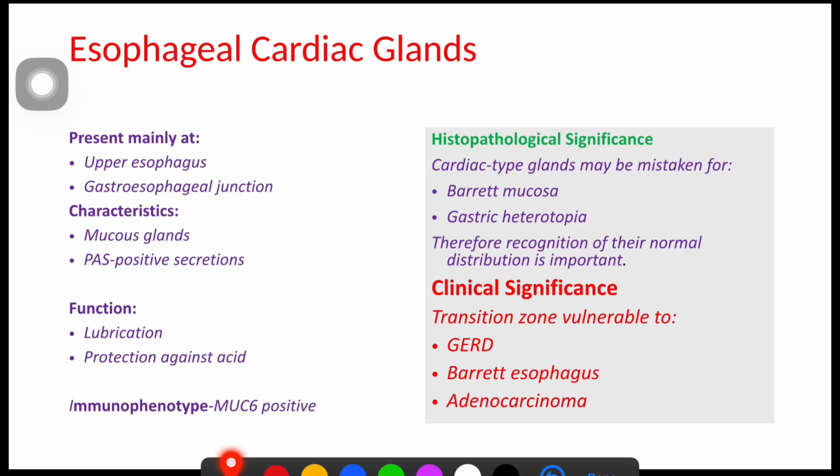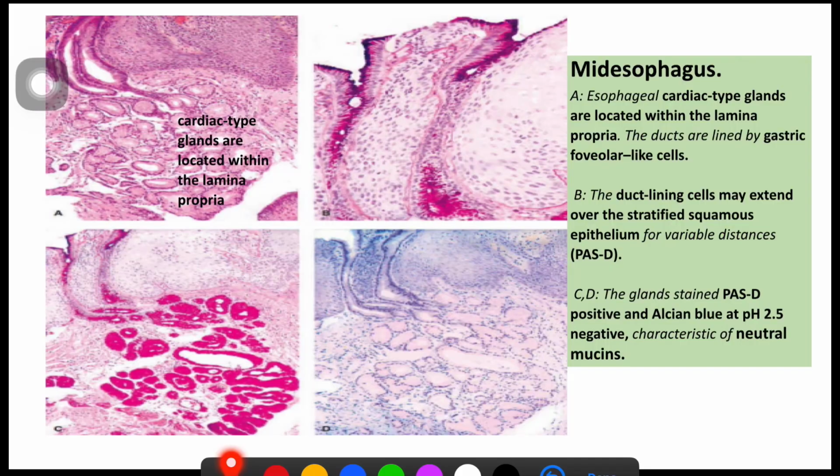So its recognition is important, and its normal distribution is important because it is located in the lamina propria, and this transition zone is vulnerable to GERD, Barrett esophagus, and sometimes adenocarcinoma. So here in this section of mid esophagus, you can identify these cardiac type glands located within the lamina propria.